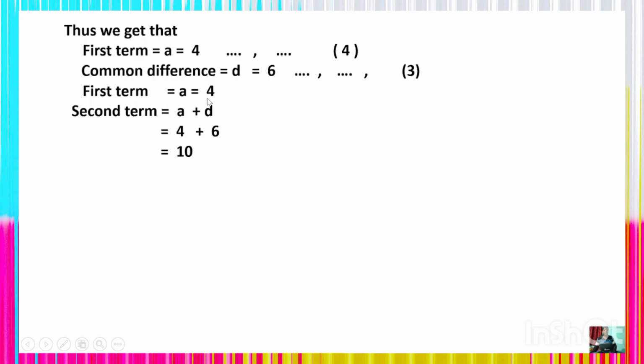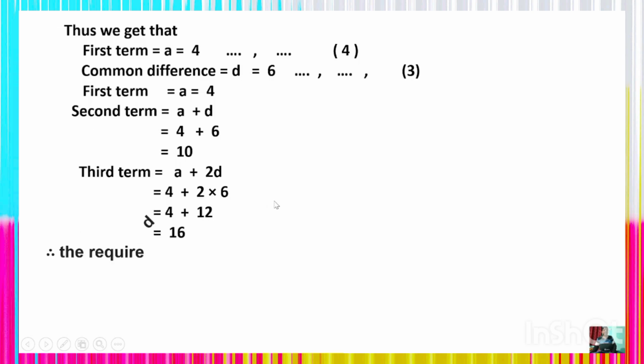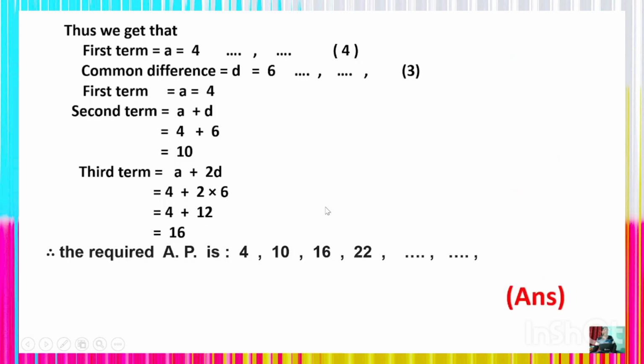Second term, according to the formula, is A plus D, which is 4 plus 6, which is 10, and the third term is A plus 2D, which is 4 plus 2 into 6, which is 4 plus 12, which is 16. Thus we get an arithmetic progression. The required arithmetic progression is 4, 10, 16, 22. Understand? This is how we make an arithmetic progression under the given condition.